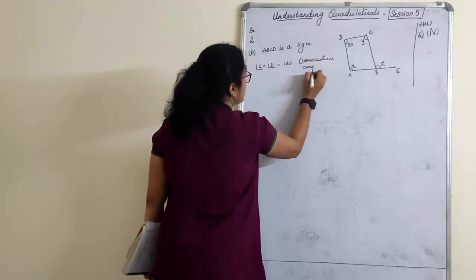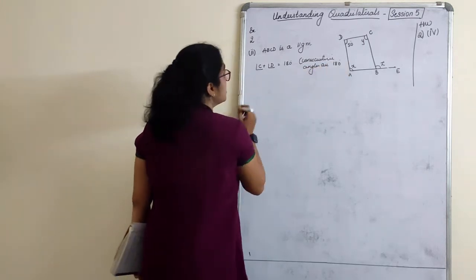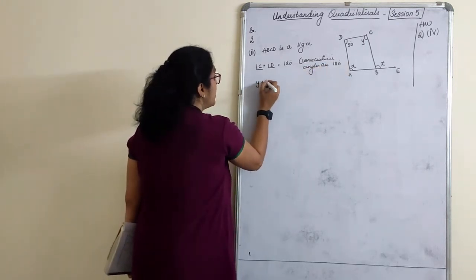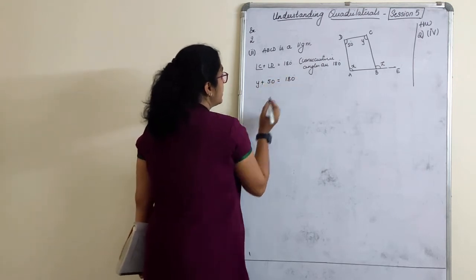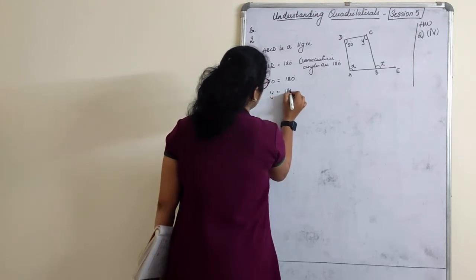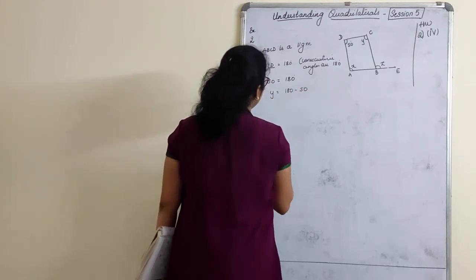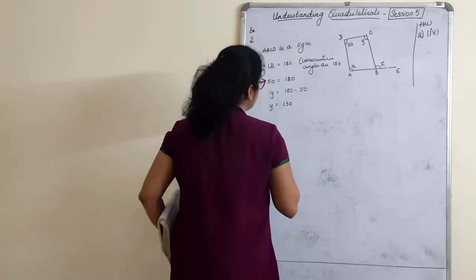Consecutive angles are supplementary. So angle C is Y plus 50 is equal to 180. So angle Y is equal to 180 minus 50. So angle Y is equal to 130.